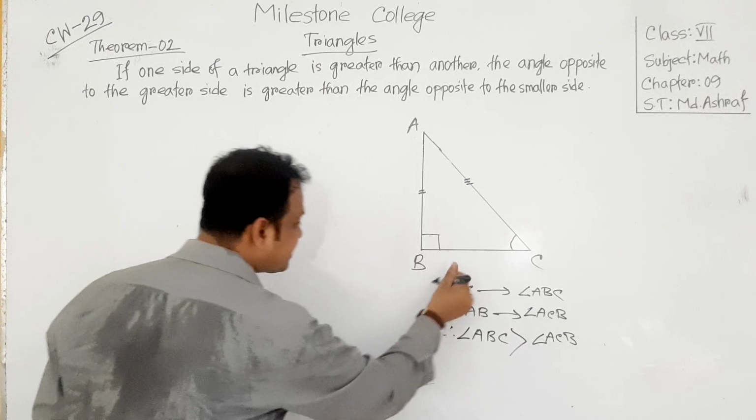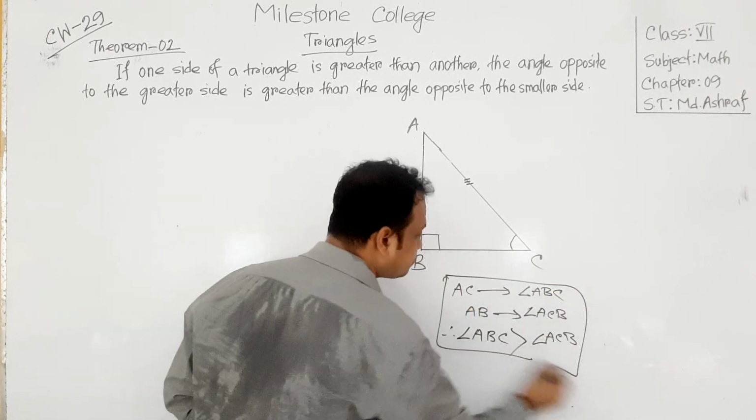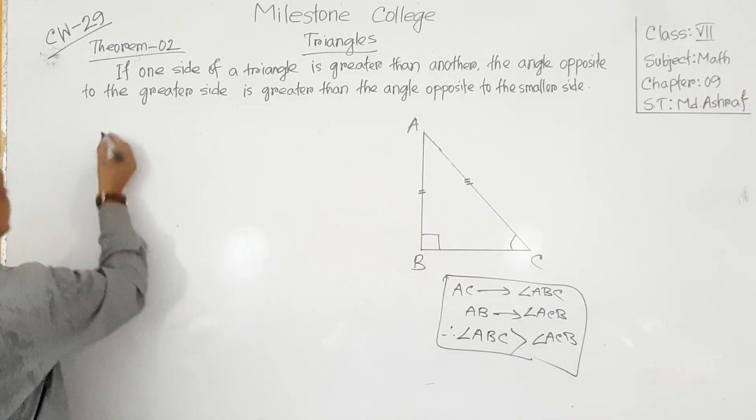So this is the figure, this is the rough part, no need to write this one. So particular enunciation we will write.